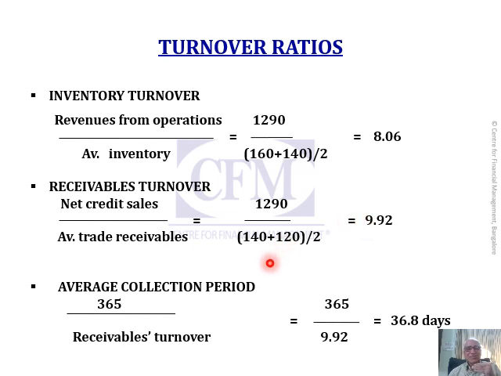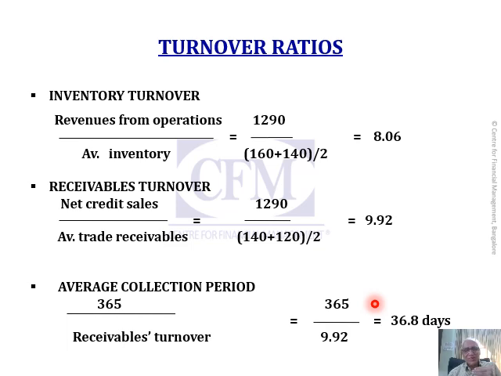A related measure is average collection period. Average collection period is 365 divided by receivables turnover. 365 divided by 9.92 gives 36.8, which means the average collection period is 37 days roughly. We compare the average collection period with the credit period granted by the firm.